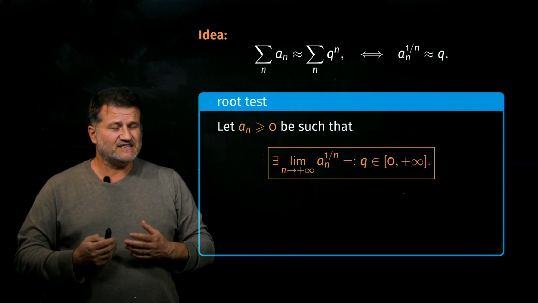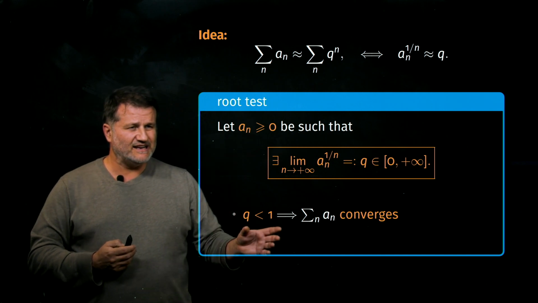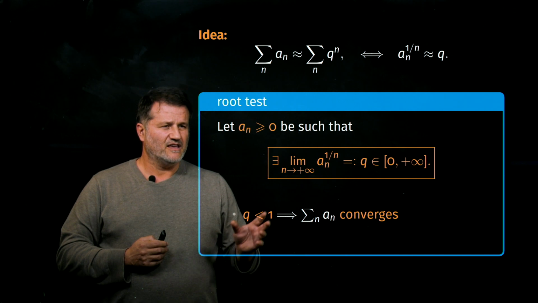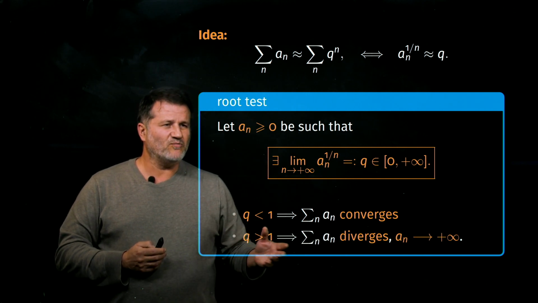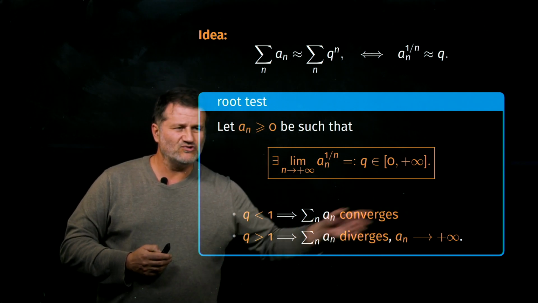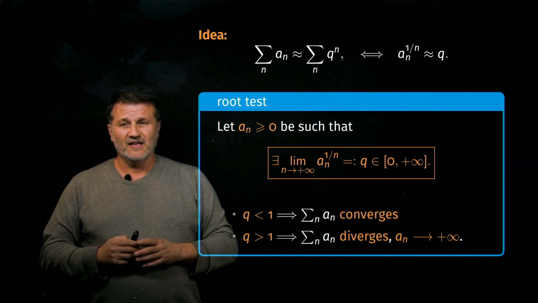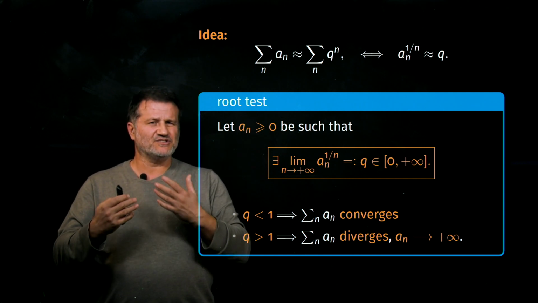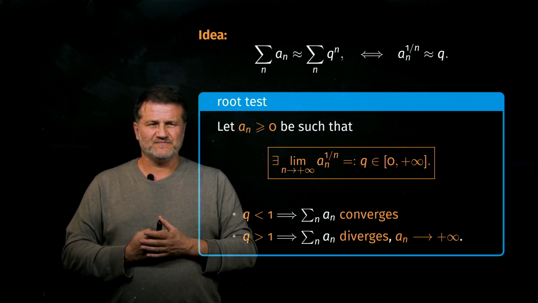Now, the theorem says that if q is strictly less than 1, then the series of a_n is convergent. If q is strictly greater than 1, the series of a_n is divergent, and moreover, a_n goes to plus infinity. But if q is equal to 1, the test cannot determine whether the series converges or diverges.